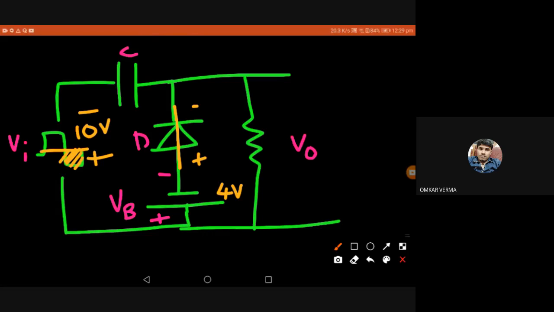So both are competing to charge the capacitor. The net voltage across the capacitor will be whichever is greater. Say the input is giving minus 10 on one plate, and VB is giving minus 4 on the opposite plate. So the net voltage of the capacitor will be minus here, plus here. How much? 6 volt. So net will be 6 volt across the capacitor in this direction.